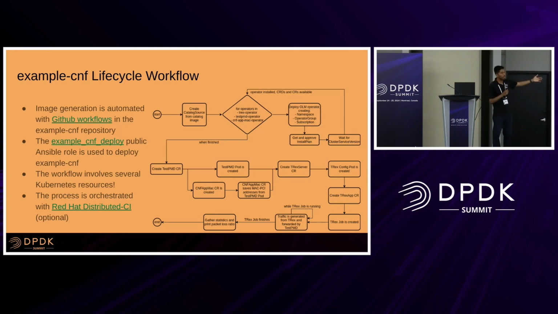Then we start a TRex container. Well, the CR starts a pod, and what we call a job will trigger the test, the packet generation test. And at the end, we're just going to collect the logs to understand if the packet generation, the packet forwarding was successful, if there was a packet loss, etc.